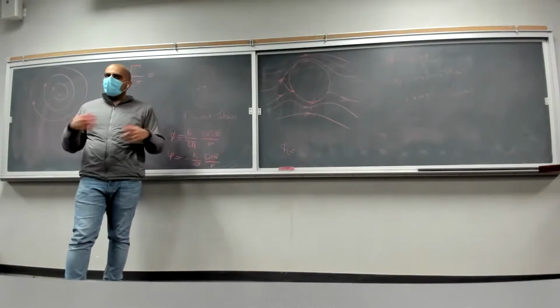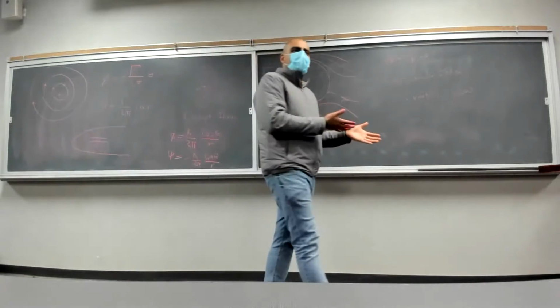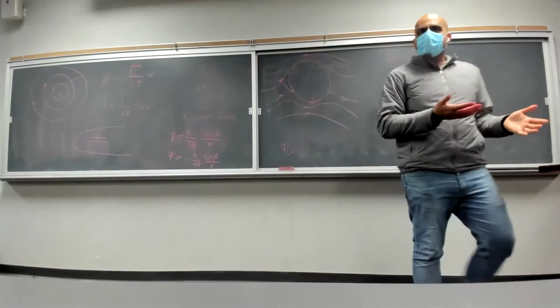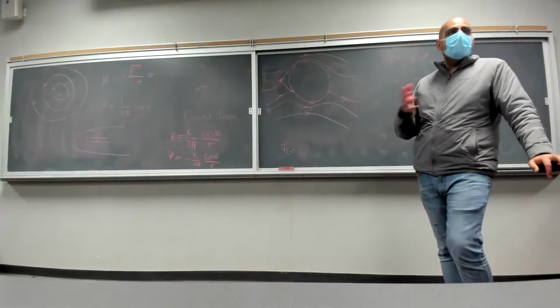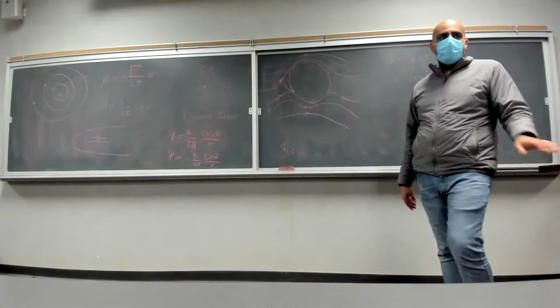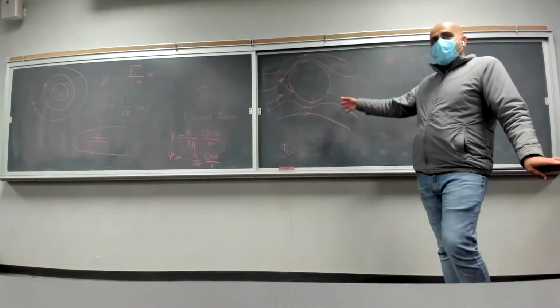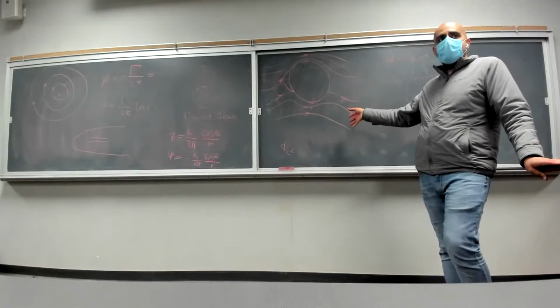The only means a rotating cylinder can tell the flow that I'm rotating is through friction, right? So if friction does not exist, it doesn't really matter. It will be just the same as the flow past a stationary cylinder. So the reason the flow sees the rotation is because of friction.